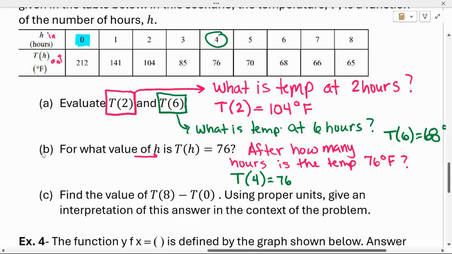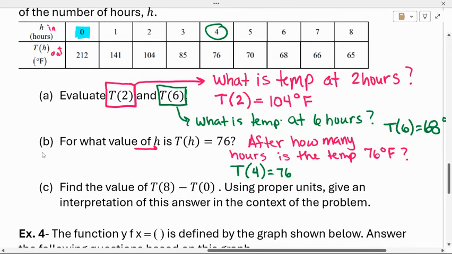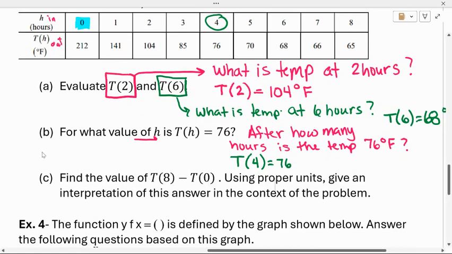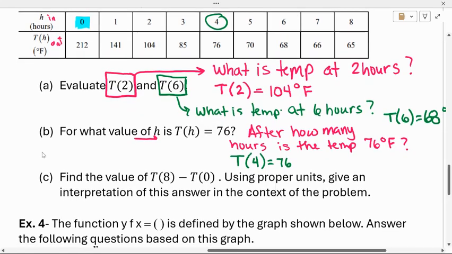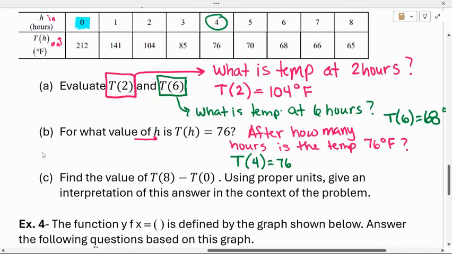All right, Victoria, I'm coming to you for the next one. It says find the value of T of 8 minus T of 0. So we're trying to find the temperature after 8 hours. What is the temperature after 8 hours? Victoria, what's the temperature after 8 hours? 65 minus the temperature at 0 hours. 212.